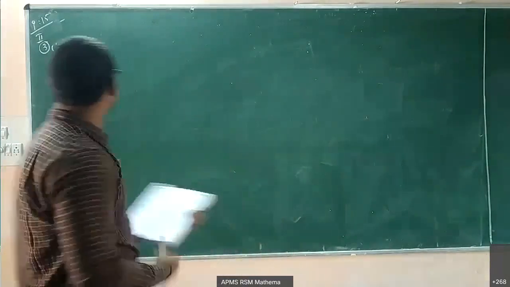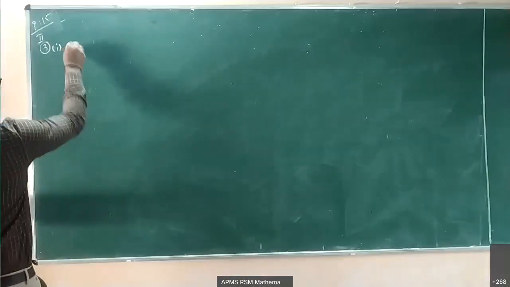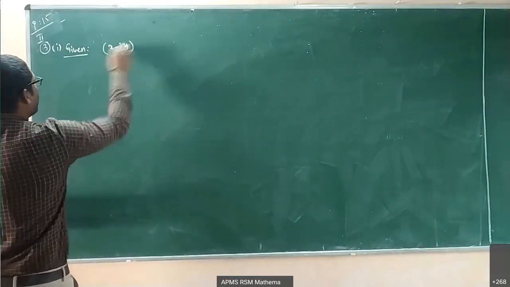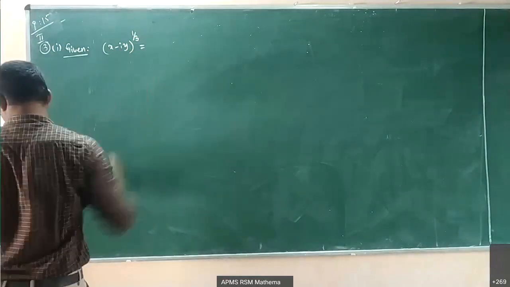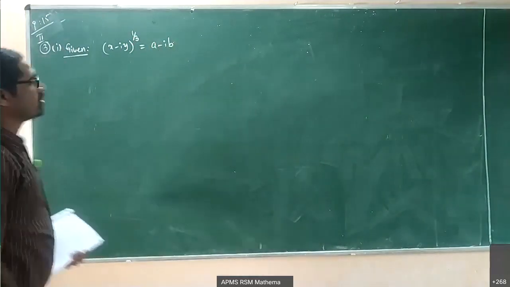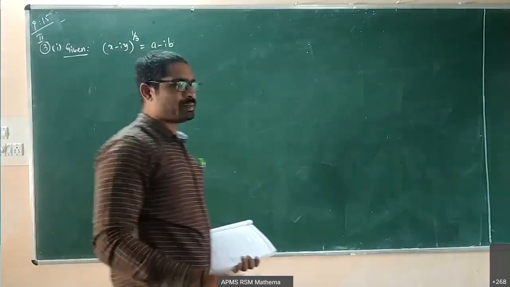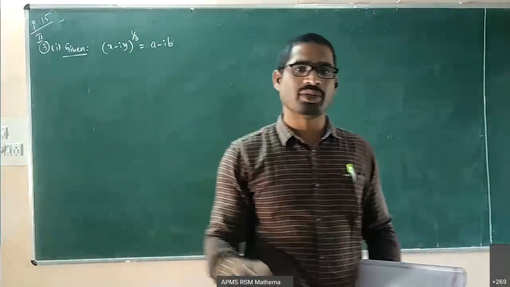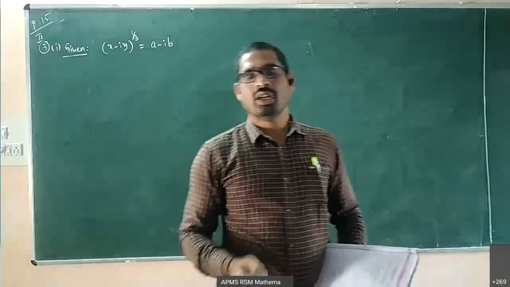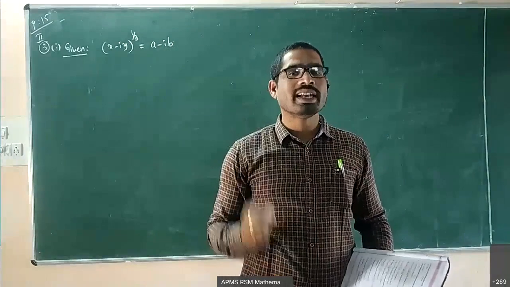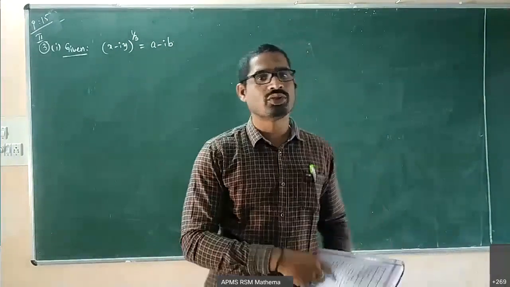Given that (x minus iy) whole power 1 by 3 is equal to a minus ib. To show that x by a plus y by b is equal to 4 into (a square plus b square), first of all we should find out what x and y are. If we find x and y, it will be easy to show the result.